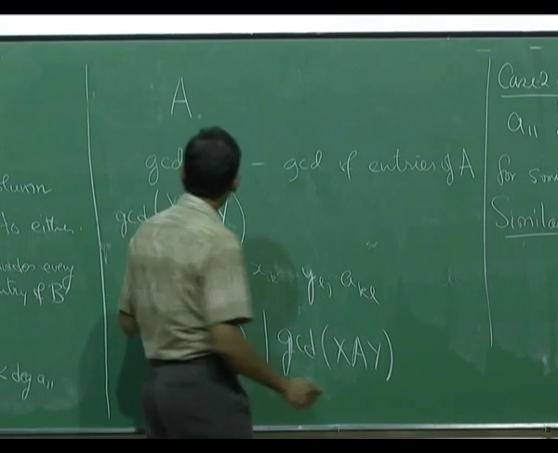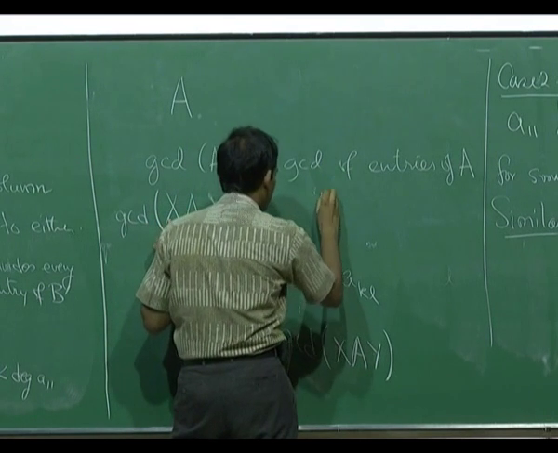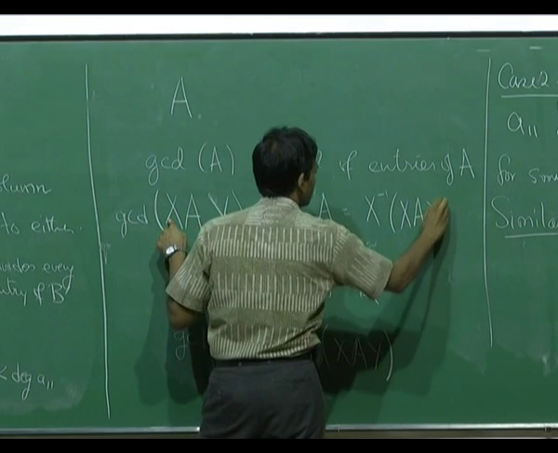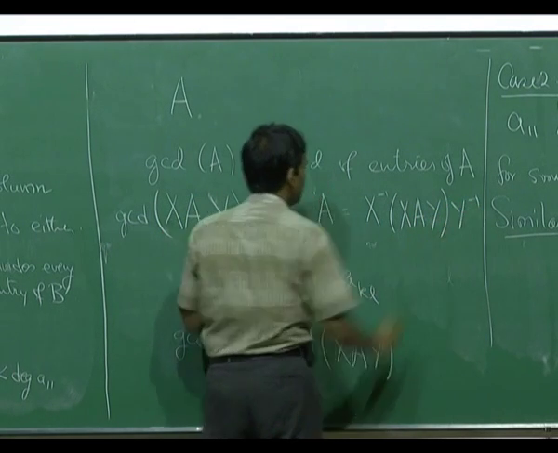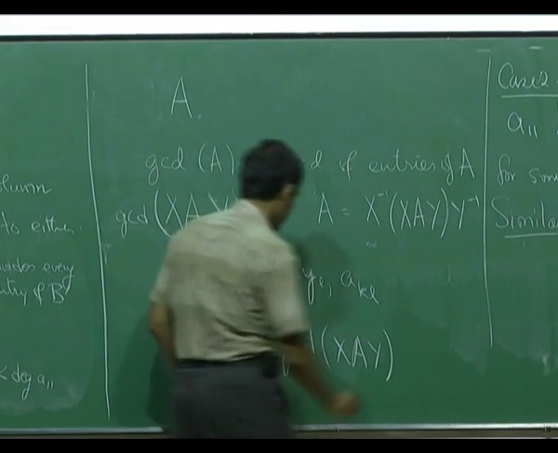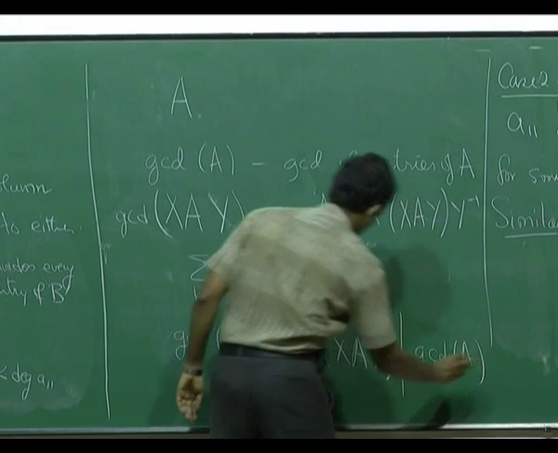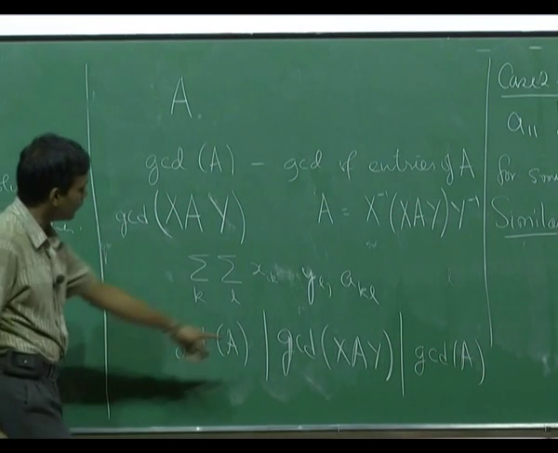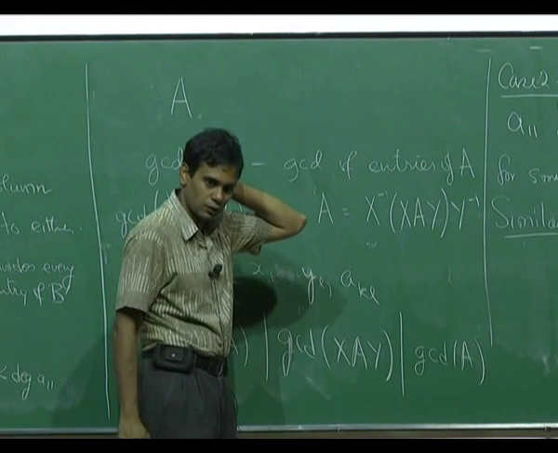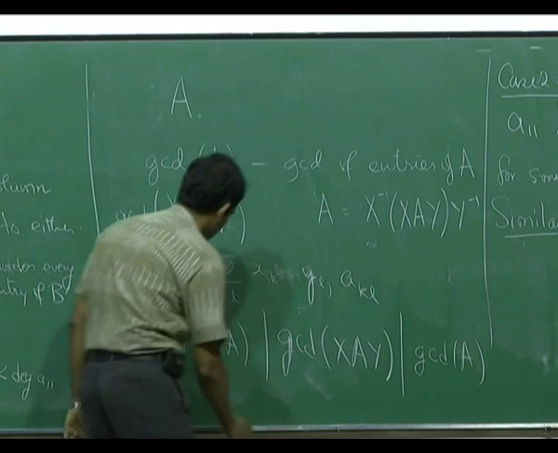But it also works the other way because X and Y are invertible. So, I can write A equals X inverse times XAY times Y inverse, and these are also polynomial. So, GCD of A divides GCD of XAY and GCD of XAY divides GCD of A. So, this means that GCD of A is the same as the GCD of XAY.